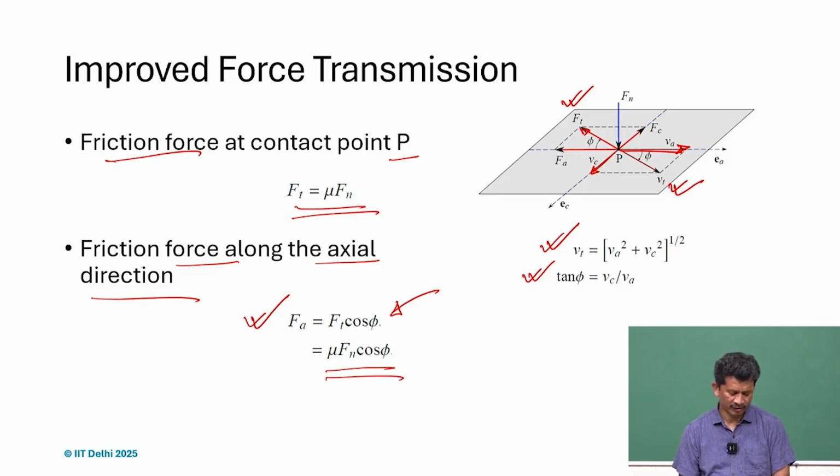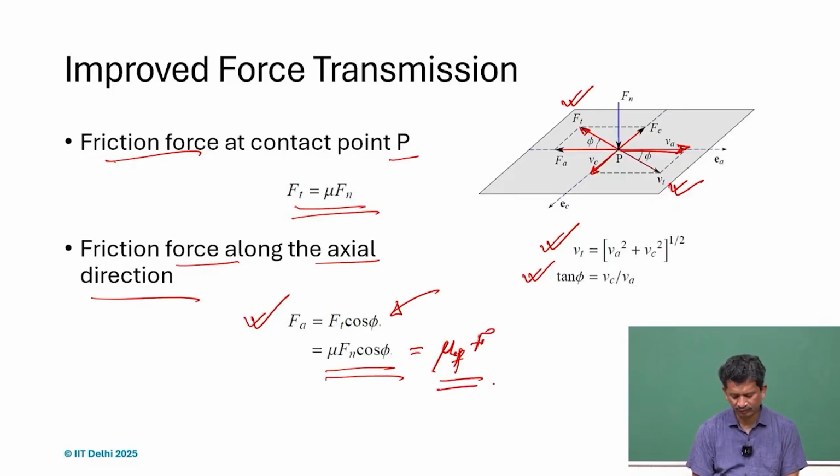And suppose we want to define some kind of effective mu, although mu has not changed, some kind of effective coefficient of friction in that direction, we can simply write it in terms of Fn.